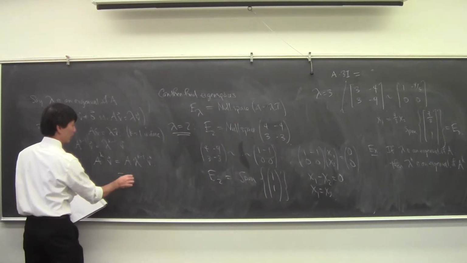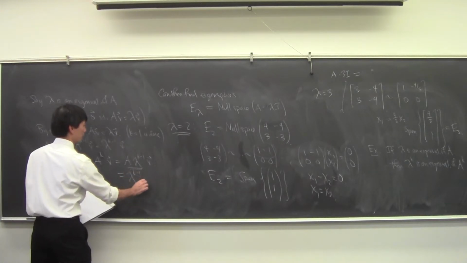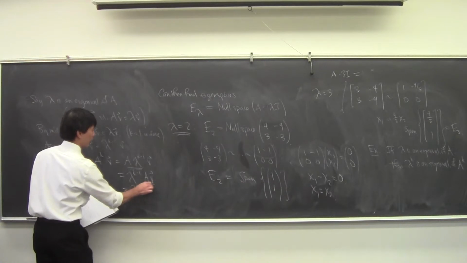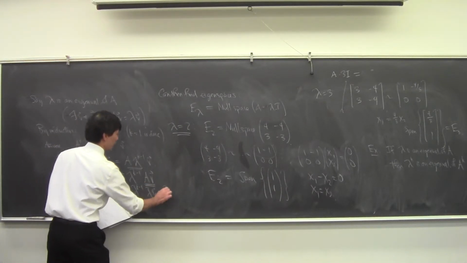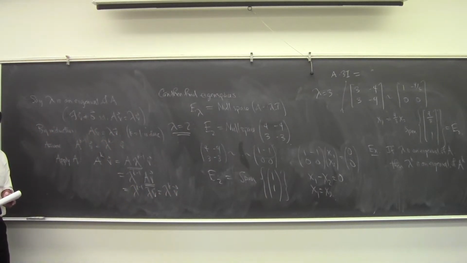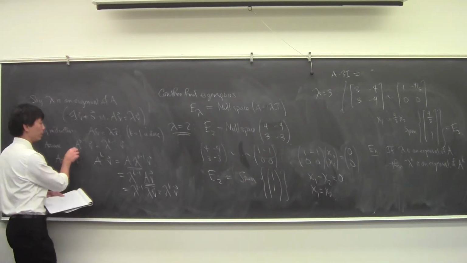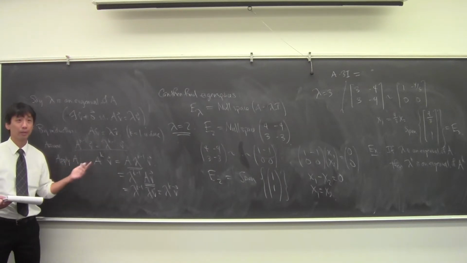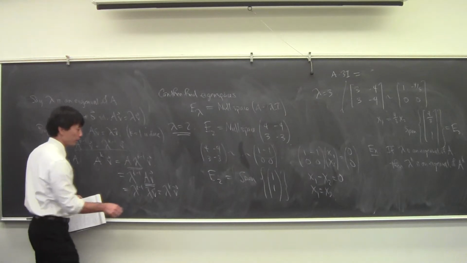But you can interchange these. You can pull out the constant, so you get lambda to the k minus 1 times Av. But we know that Av is lambda v, right? And so we get lambda to the k v. So we assumed the k minus 1 case, and we get the kth case. So done by induction.